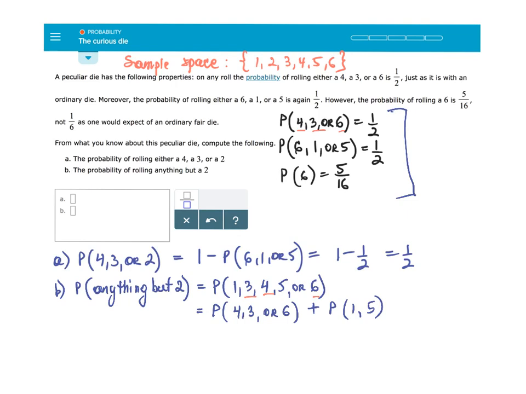I don't have a definition of probability of 1 or 5, but I have something similar. I have something right here that I can use, probability of 6, 1, or 5. So I'm going to replace this probability with 2 expressions. Probability of 6, 1, or 5, which I know is 1/2. But it's different from the above probability by an extra element of 6.